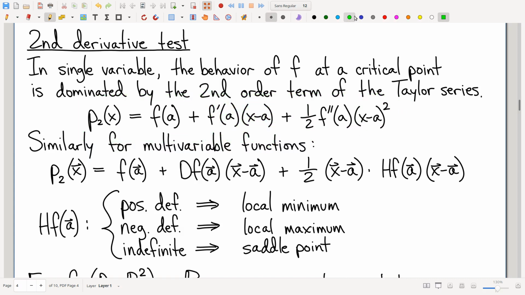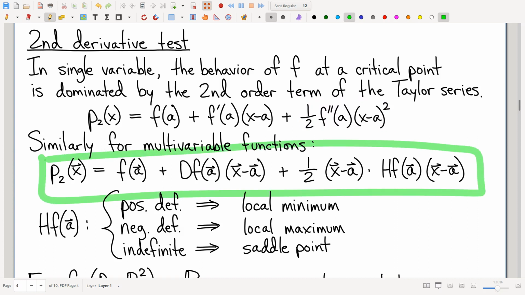So what we're going to do now is try to apply that same idea here for the multivariable second order Taylor polynomial. Again, we're going to consider what happens when the derivative is 0, and thus that we're at a critical point, and so this term goes away. The entire behavior of this Taylor polynomial is determined by this second order term. I need to know, when is this second order term always positive? Or when is it always negative?